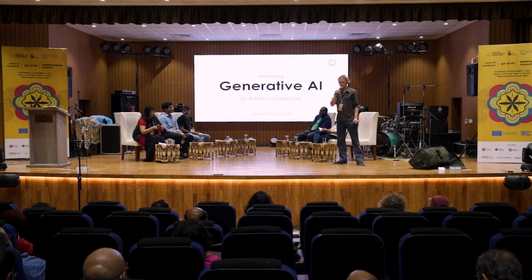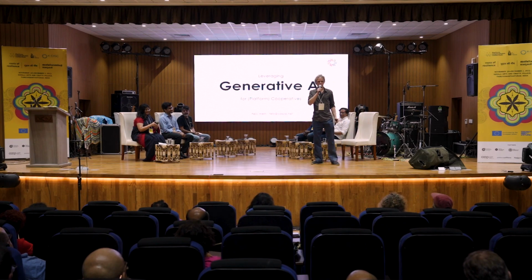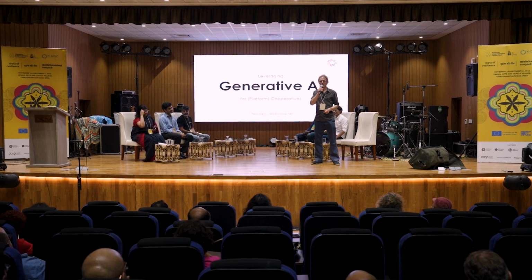So I want to start off from the last question of this morning's discussion. How can the global transition look like? What's the strategy? And I propose that a part of the strategy, at least, could be leveraging generative AI and everything that comes with it.